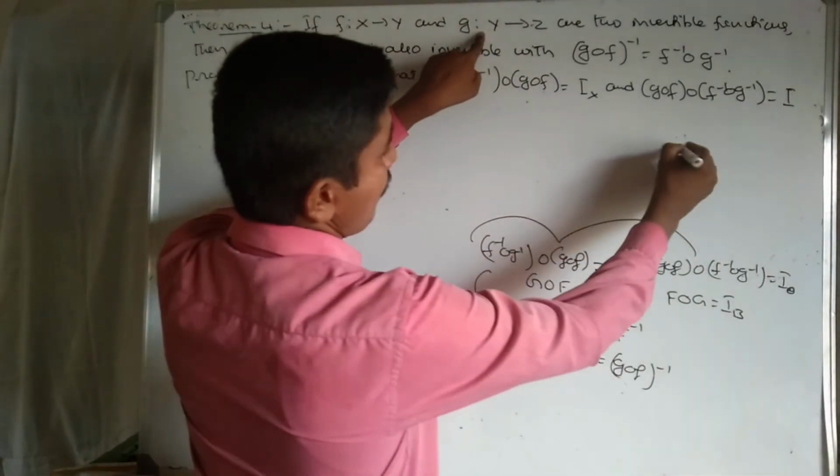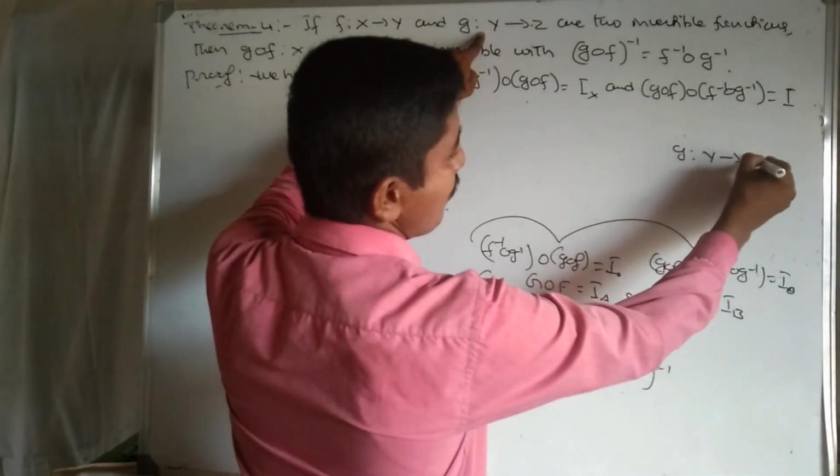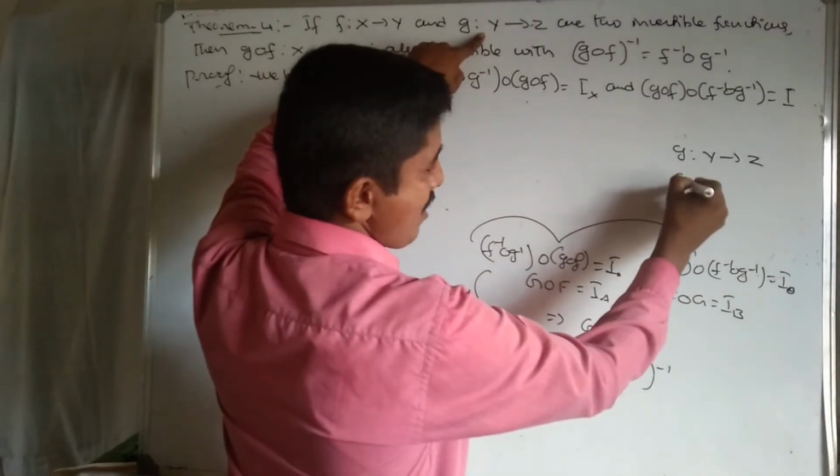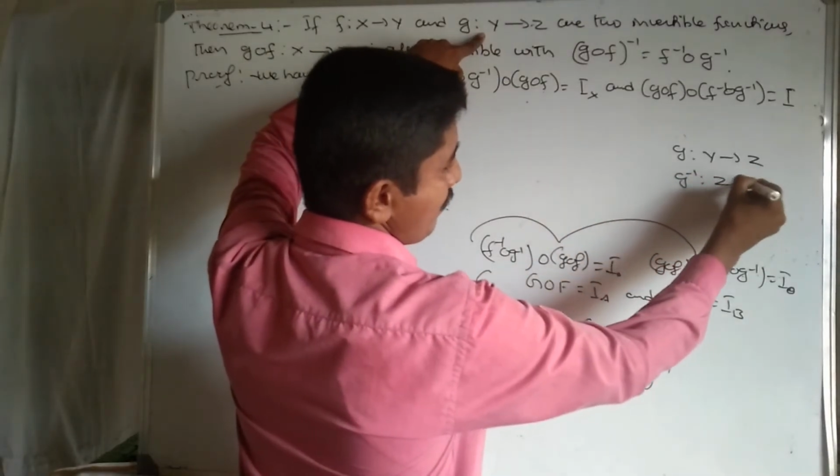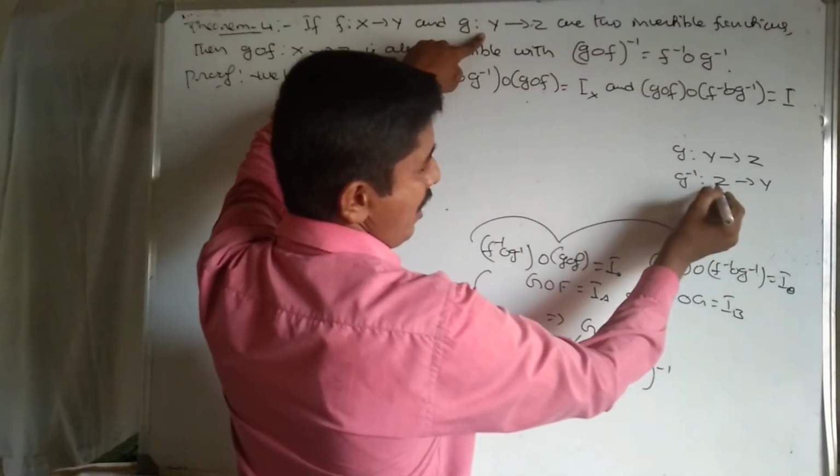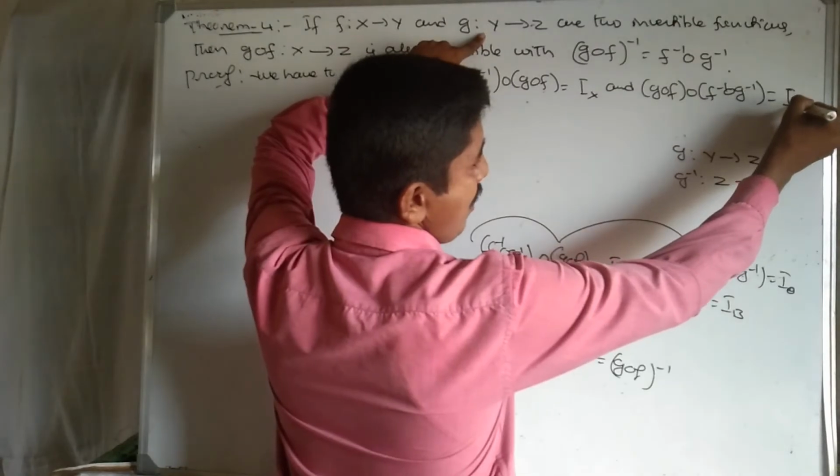Here G domain is Y to Z. Correct. G inverse means Z to Y. What is the domain of G inverse? Z. Here I subscript Z.